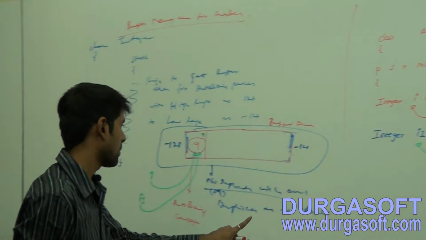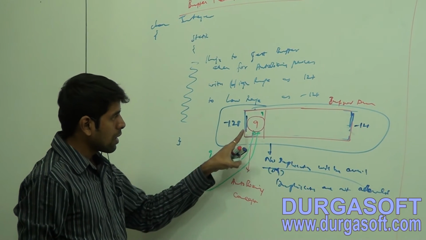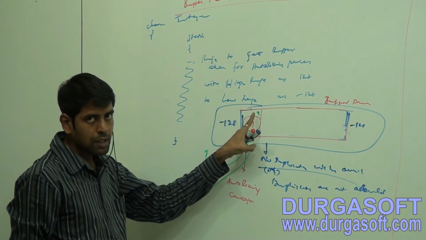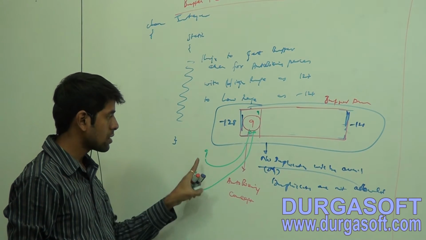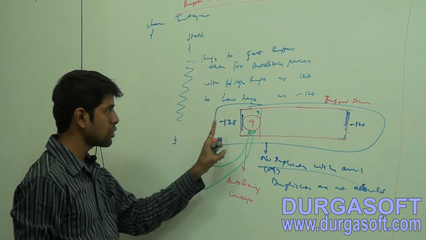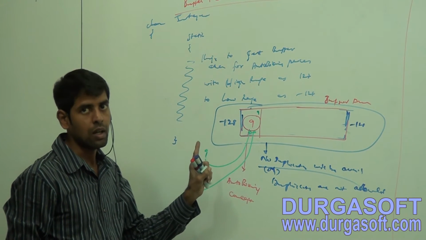Now observe here, this I1 hash code will be 9, and this I hash code is 9, I1 hash code is 9 only.